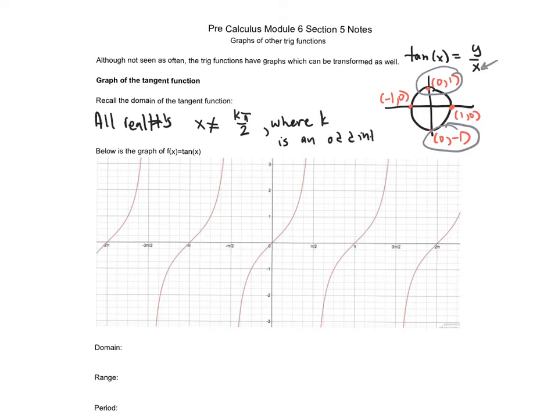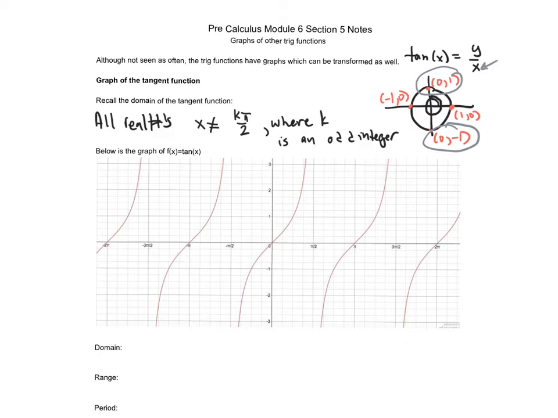So whenever you have an odd integer over 2 with a pi in a tangent function, you have an undefined value, because there are infinitely many of these: you could have 90 as an undefined value, 270, then you go all the way around and get another value, over and over again. So you have infinitely many points that are undefined.